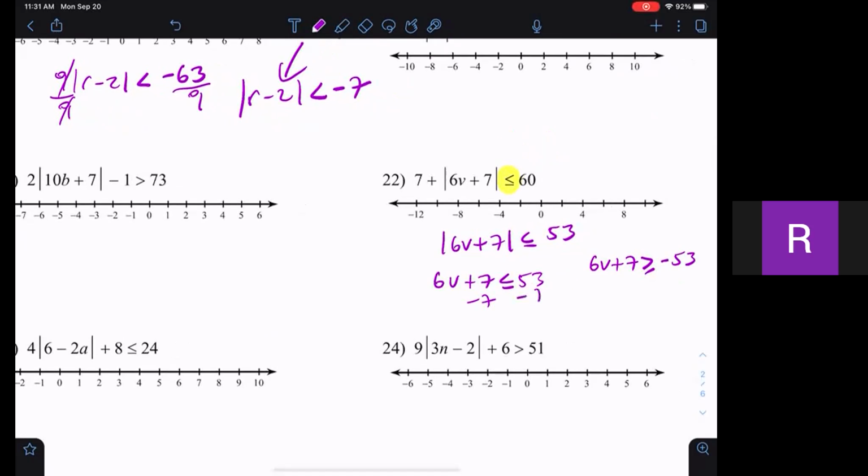So if you do that, 6b equals what? This is 46, and then you divide by 6. This is 23 over 3.